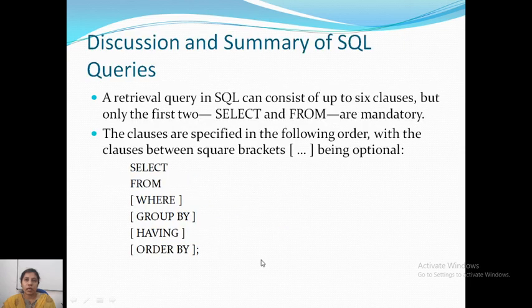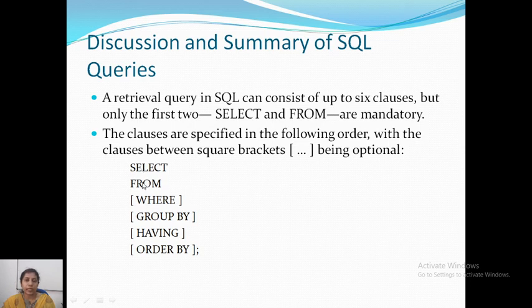Now we'll see what the general structure of the select statement is. A retrieval query in SQL can consist of up to 6 clauses. In your select query, you will have 6 clauses, but select and from are the mandatory clauses.